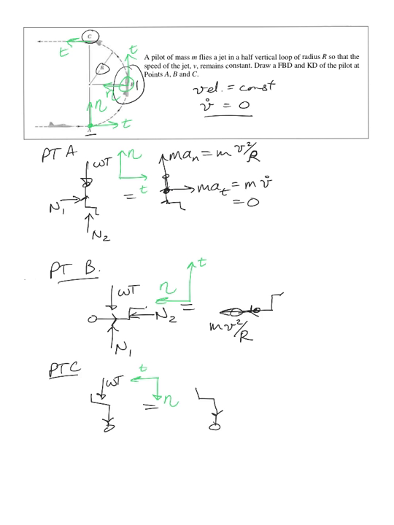And so there we've got a weight. We've got the possibility of a normal force in both directions. And acceleration-wise, we only have a centripetal acceleration, which would be mv squared over r. So again, we have no tangential acceleration at any point because v dot is equal to 0. We only have a normal acceleration.